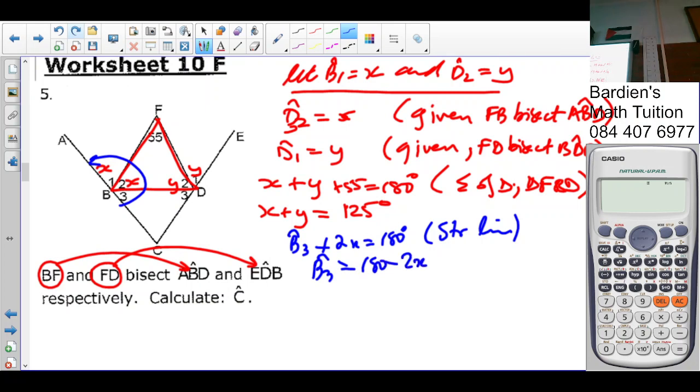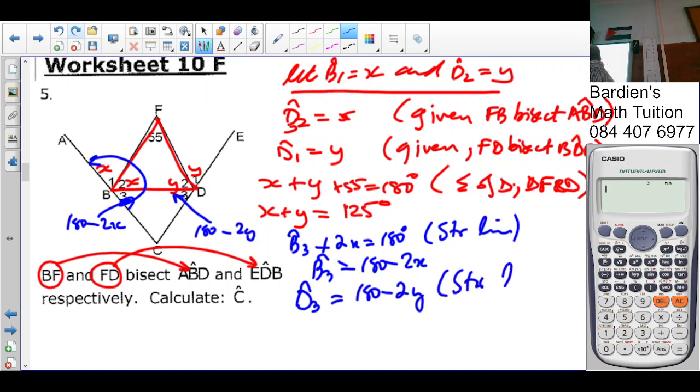Okay? So what would D3 be? D3 will be 180 minus 2y, because D3 plus Y plus Y equals 180, straight line. The reason is also a straight line.